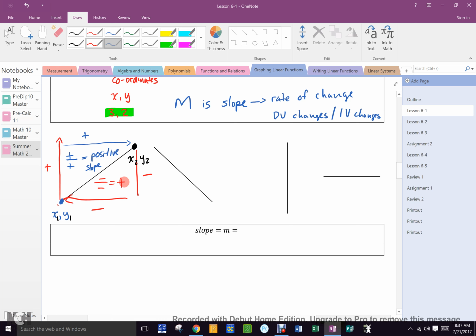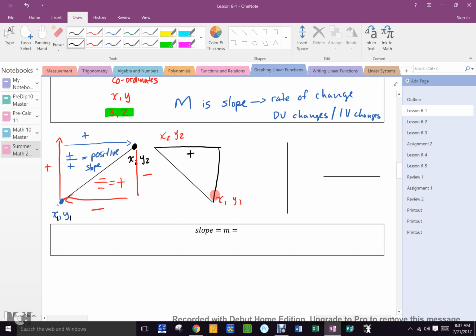For some reason, this is difficult. I don't know why. You guys are smart kids. What's happening over here? That's x2, that's y2, that's x1, that's y1. If I want to get from there to there, what do I do? I go that way, which is negative, correct? I mean positive, because I went that way.